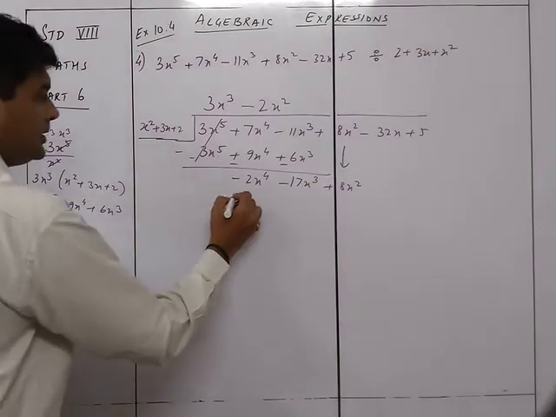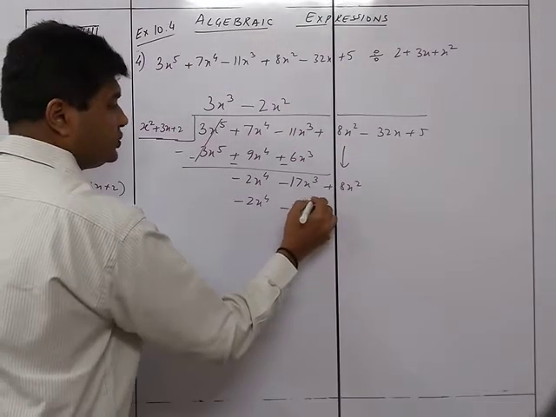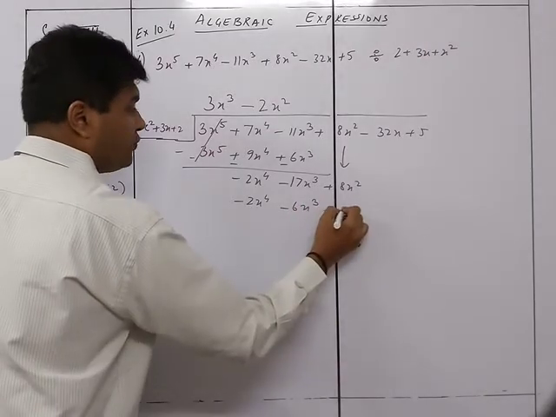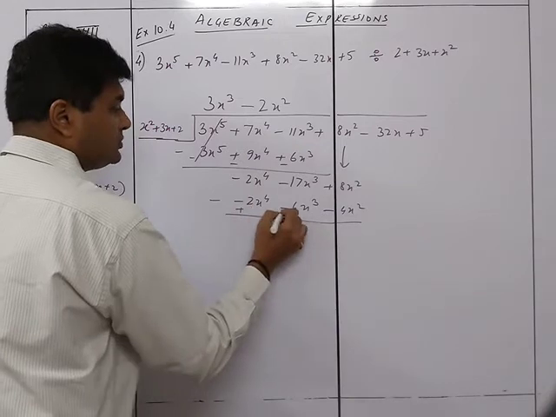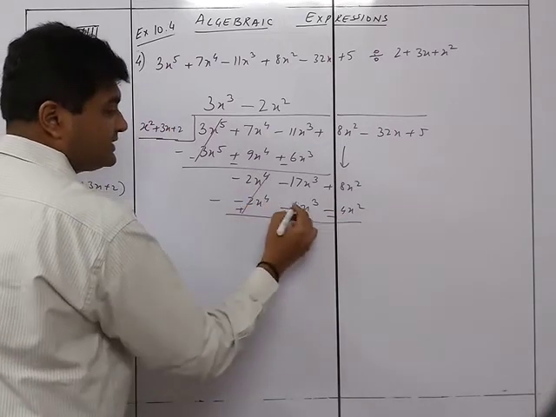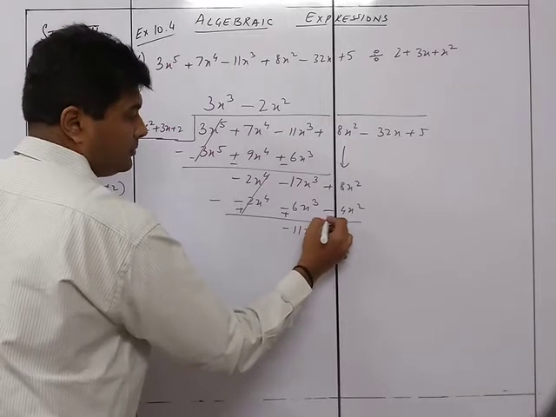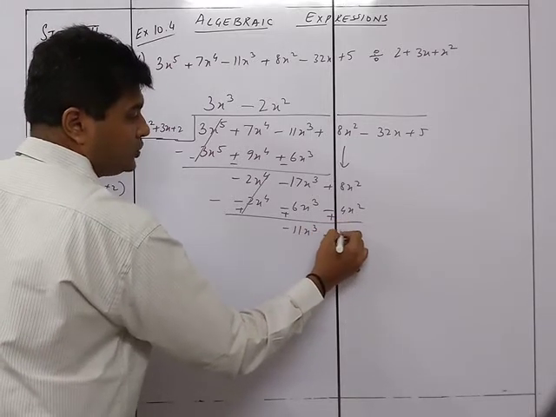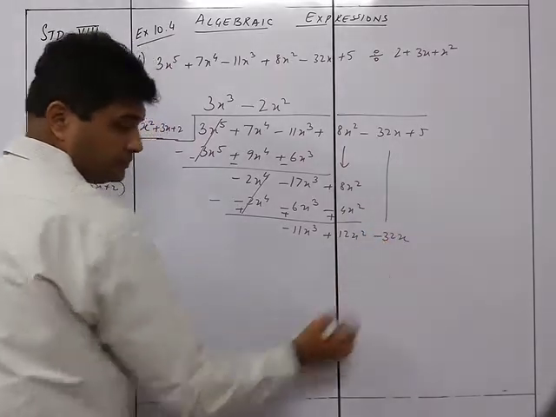Put the values, minus 2x raised to 4 minus 6x raised to 3 minus 4x raised to 2. Signs changed. This gets cancelled. This will be minus 11x cube plus 12x square minus 32x comes here.